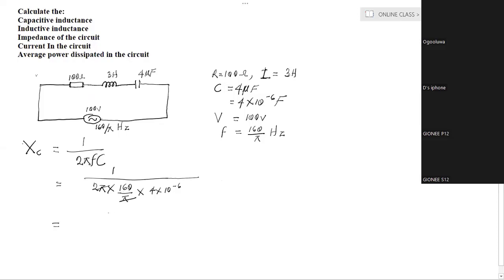Then we'll be having left 10 raised to power 6 divided by 2 times 160 times 4, which means that this is going to be 1 million over, this is 8 times this, okay, 64 times 2, that will give us 1280.